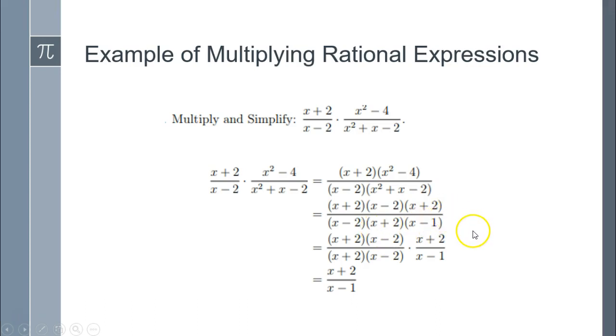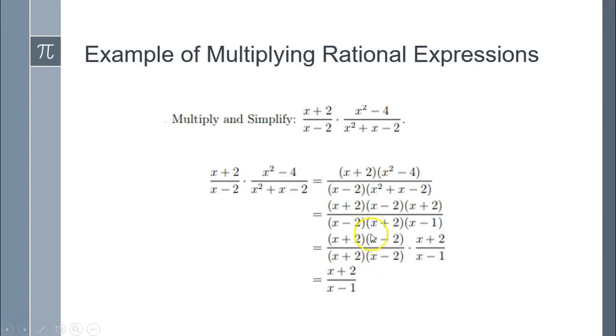Now I look to see what factors are the same in the top and the bottom. When I reduce, I have to reduce either from a beginning or an end to a multiplication symbol. I can't just reduce this x with this x. I have to go x plus 2, and I can stop there because the next thing is multiplied.